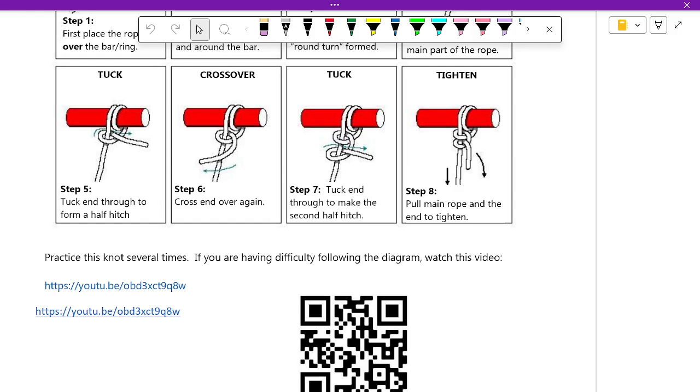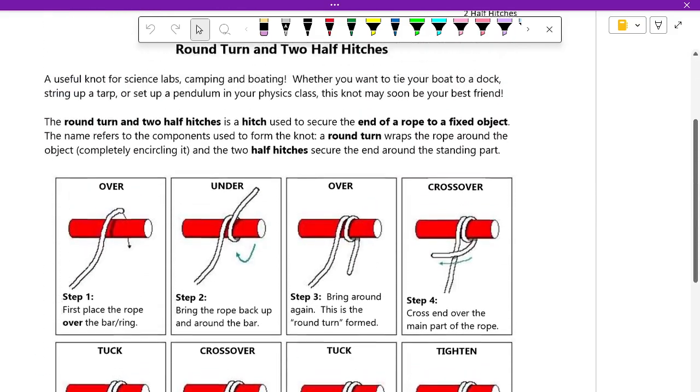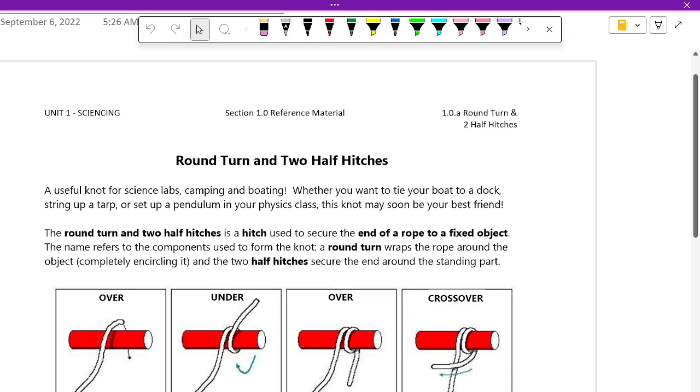All right, so we now have our ring stand, our ring clamp, and you are going to take a piece of string. Each person is going to get their own string. You are going to try to tie this knot. This knot is called a round turn and 2 half hitches.